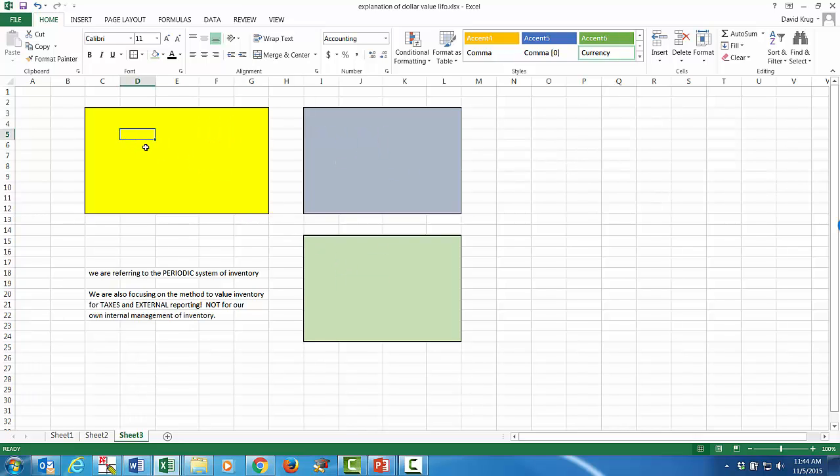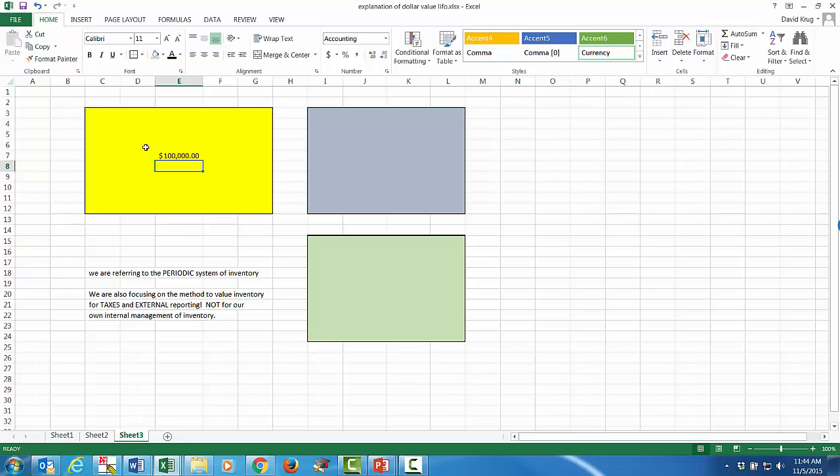And let's say that in this room we have goods totaling $100,000. Okay? And in that pool of inventory there's different items, but that room full of inventory is valued at $100,000. And that's just doing an inventory count at current year prices.